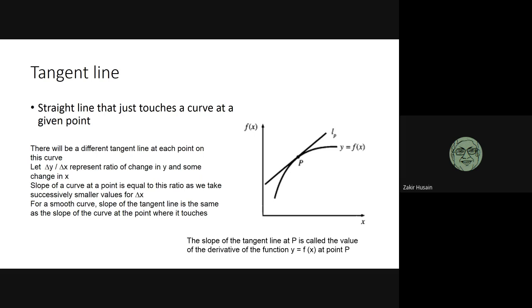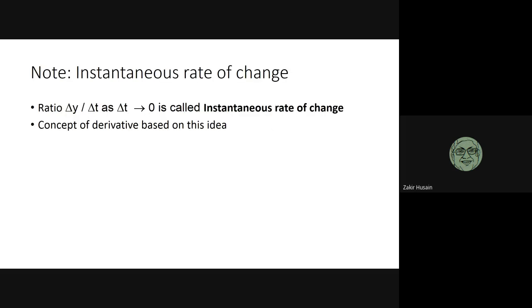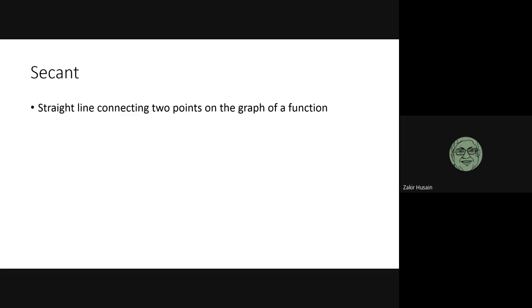The slope of the tangent at P is called the value of the derivative of the function y equal to f(x) at point P. Now, if instead of x we have t, this ratio del y by del t, as del t tends to 0, is called the instantaneous rate of change in y. Just after 1 second, 1 nanosecond, how much has y changed? The concept of derivative is based on this idea.